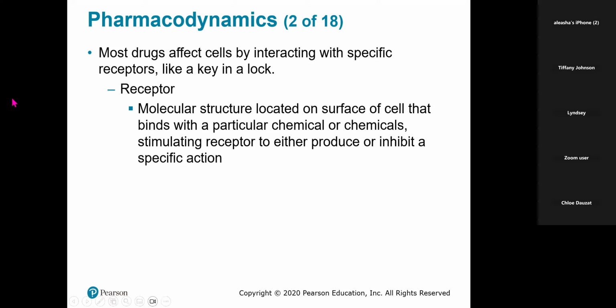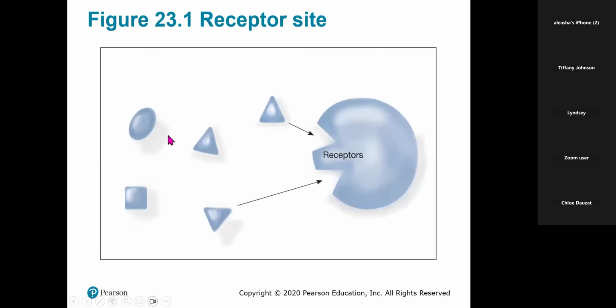So as we'll look at some pictures here in just a second, there's your receptor, and these are your various molecules. I'm not sure if y'all can see my cursor floating around, but the triangles, the oval, the square are your different molecules. So as you can imagine, those triangles are going to fit perfectly into the receptor site there on that receptor, which would thus block this oval or the square.